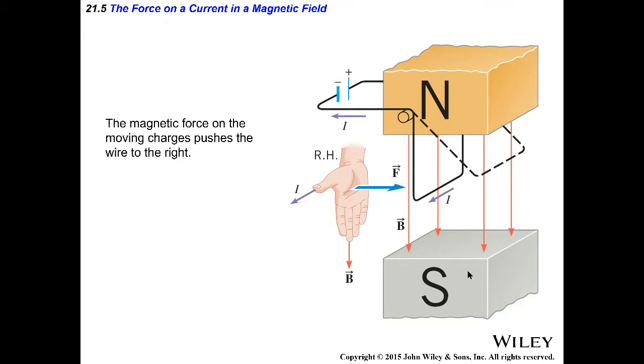I have V cross B. I have my V and my B. V is this way, and B is downward. And so, of course, my force is in the direction they have given.